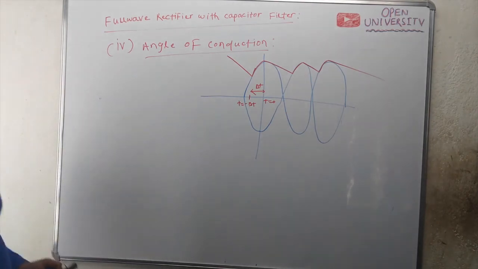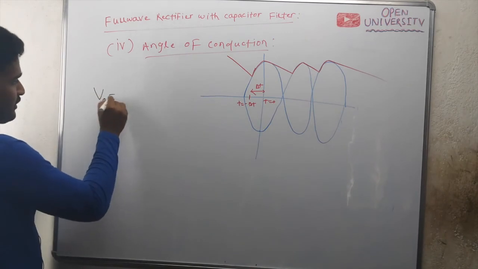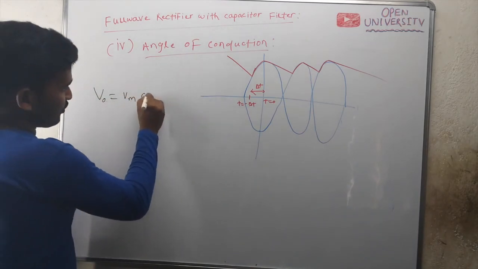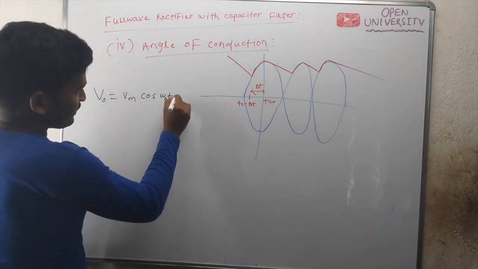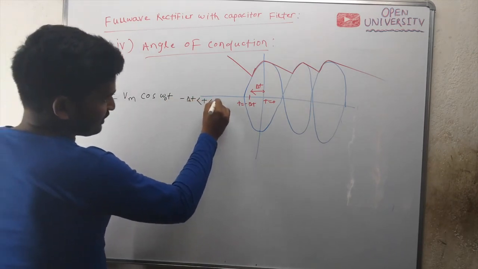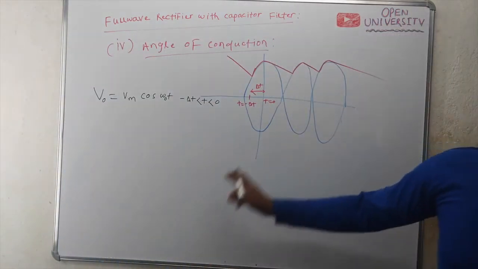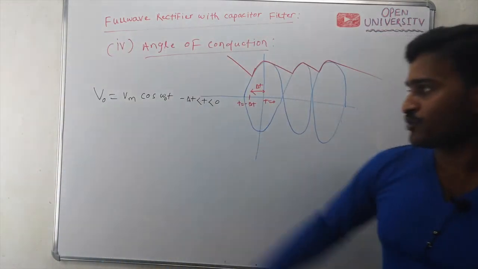So I can write V0 equal to Vm cos omega naught t, where t is between minus delta t and 0.